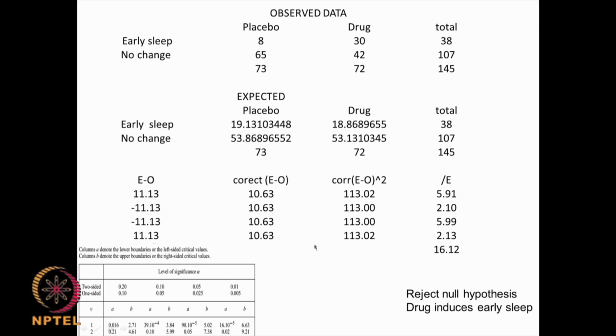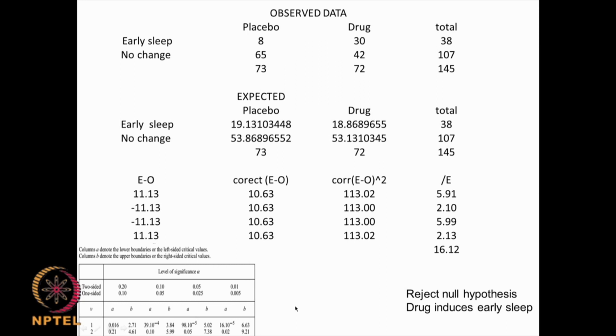Some software might not consider the Yates correction, so you may get slightly different answers. When you do the correction, you take the absolute value and then subtract 0.5. Here, for example, minus 11.13, we made it absolute and then subtracted 0.5. When you do the 0.5 subtraction, if the result goes below 0, we should take it as 0.